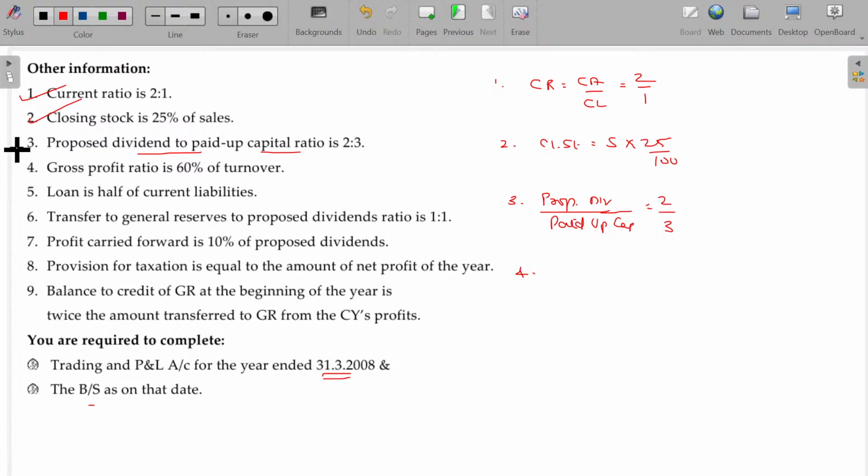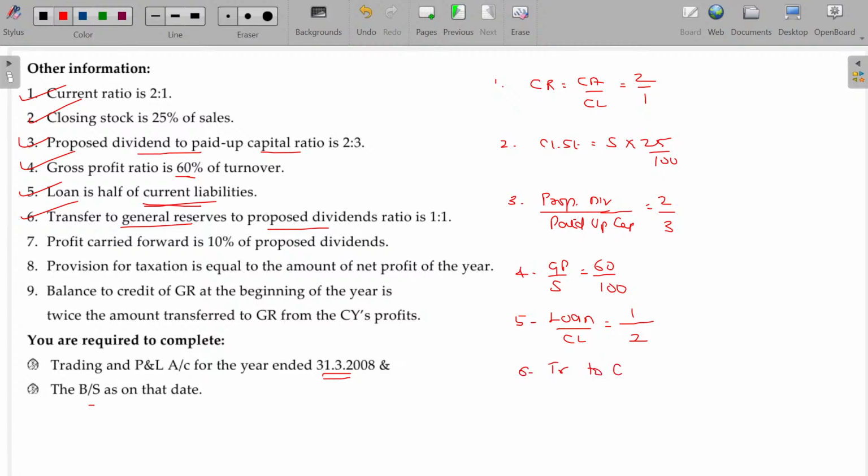Gross profit ratio. Gross profit ratio, GP by sales, 60/100. Loan is half of current liabilities. Loan and current liabilities. If the current liabilities being 2, loan should be half, 1. Transfer to GR to proposed dividend ratio.